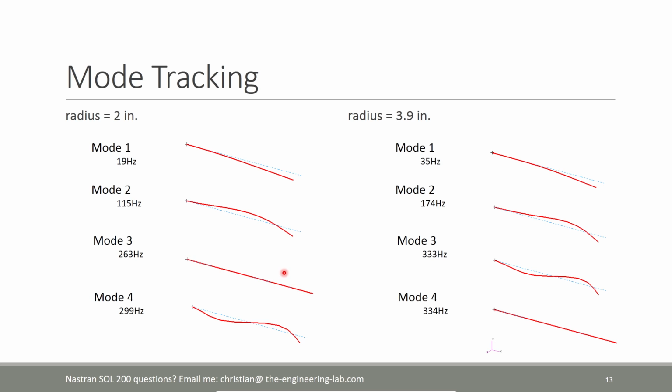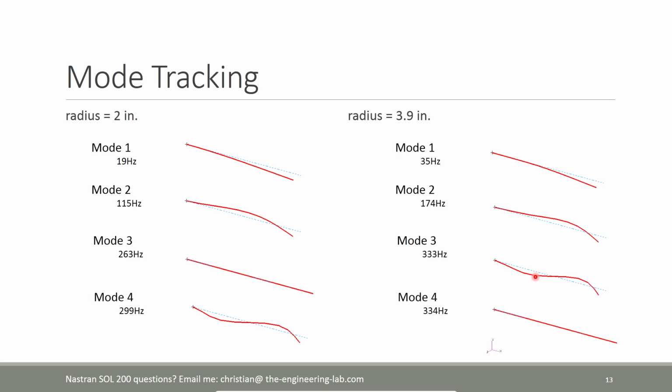Now, let's suppose the natural frequency of this mode shape increases. Here on the right is that scenario. Here on the left, we had a radius of 2, but then the radius becomes 3.9. What happens to the mode shape and the natural frequency? Here, if we look at mode shape 3, you see the mode shape is now almost a flexural or bending mode shape.